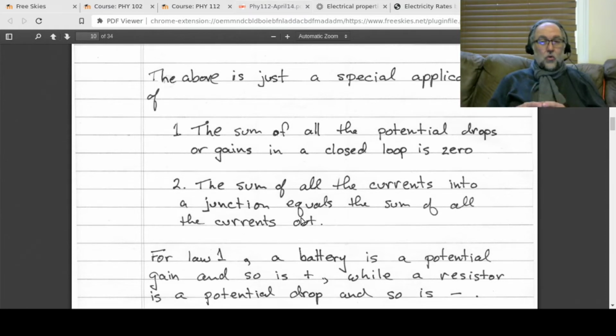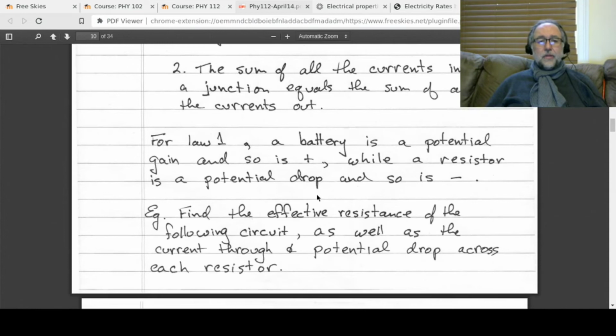So in order to have conservation of the number of electrons flowing, you have to have this law. So Kirchhoff's 2 laws: the first one is like conservation of energy, and the second one is like conservation of matter. It's a lot like the hydrodynamics that we did earlier, where you had the continuity equation and the Bernoulli equation. Anyhow, so there you go.